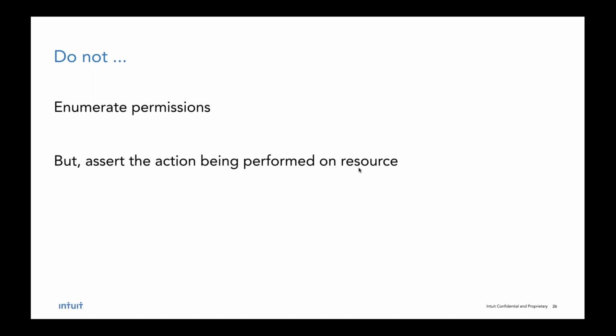We should ask ABAC whether a subject trying to perform an action on a resource should be allowed or not, instead of enumerating all the permissions. If you make assertions, then your decision making process is pretty flexible. It can use RBAC or ABAC depending on the condition.